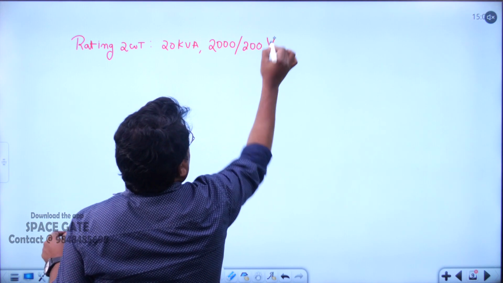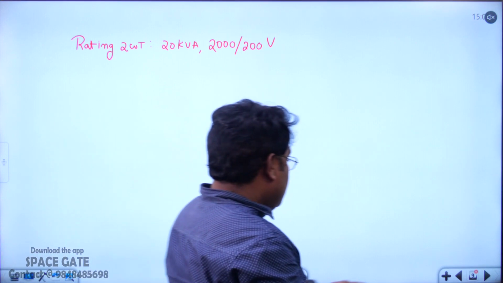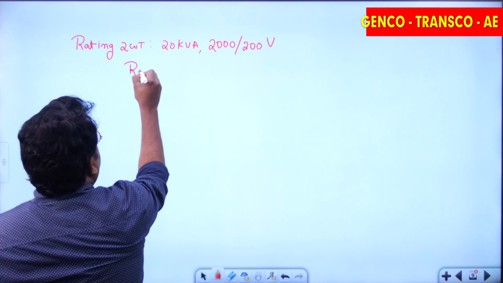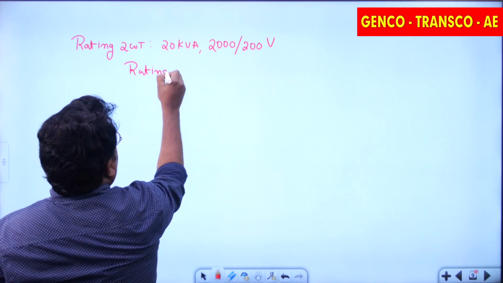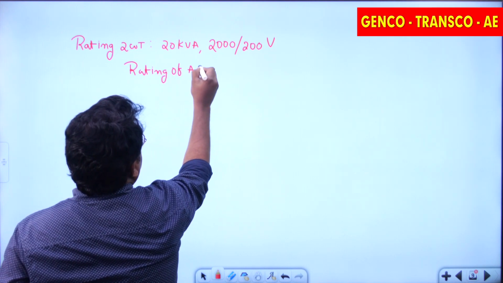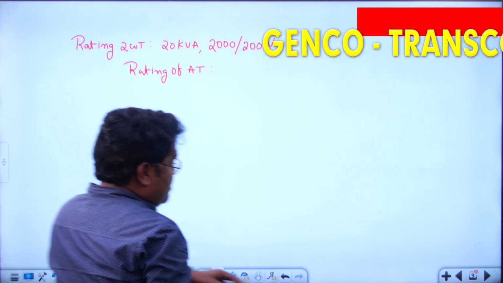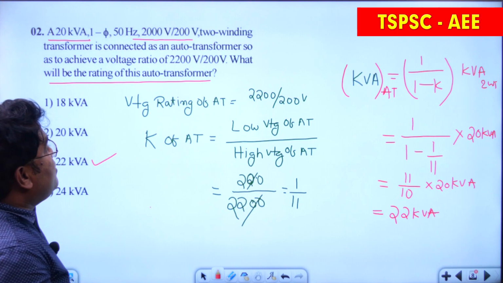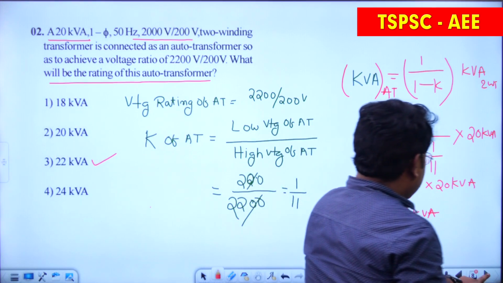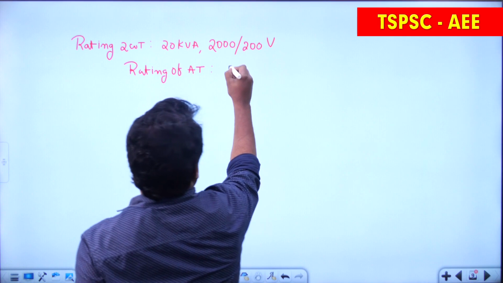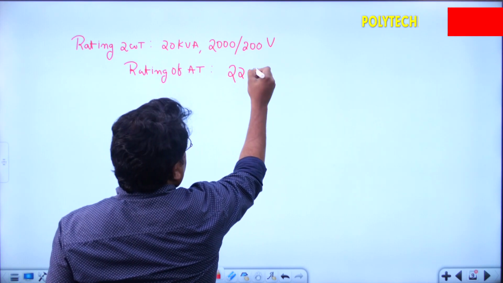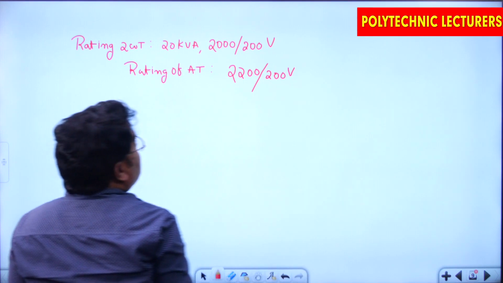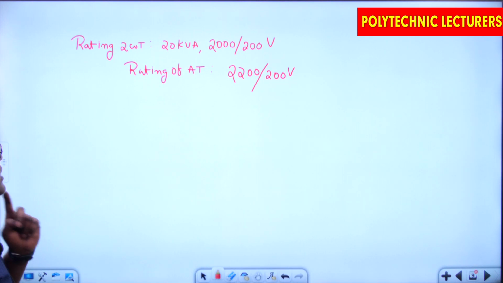And next, the voltage rating of the auto transformer is 2200 upon 200 volts. Now this is the rating of the two winding transformer.